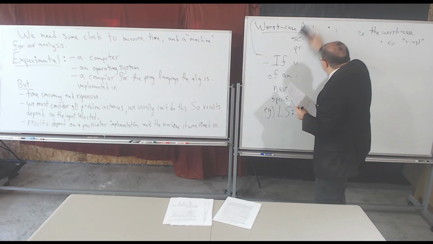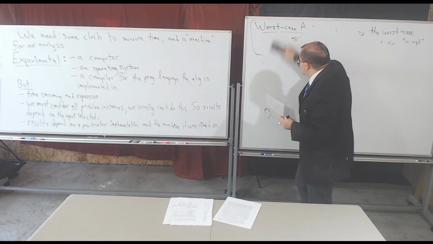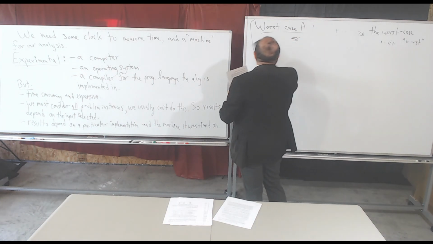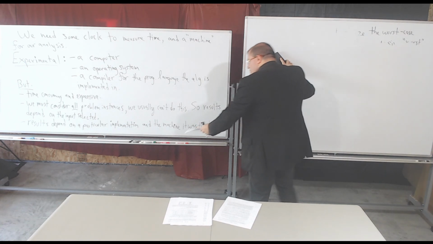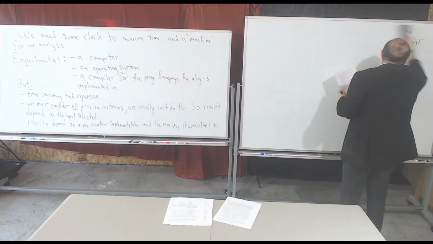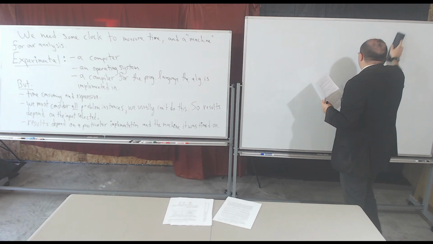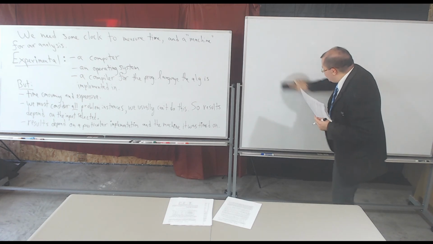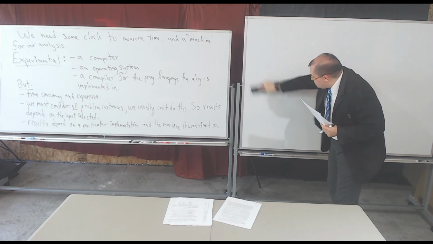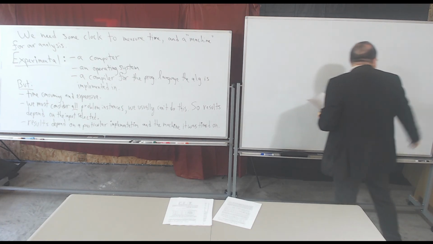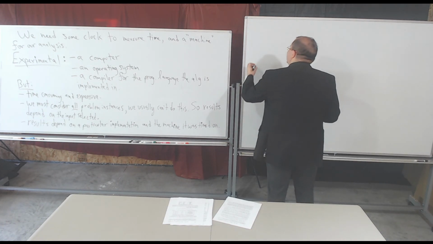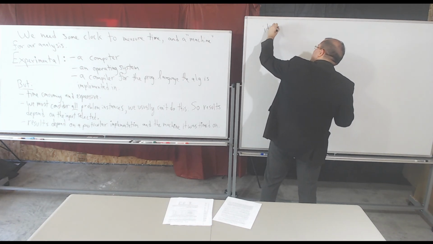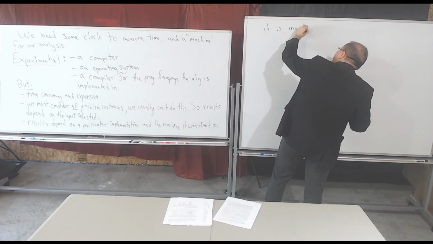But this is the big point I want to make, and this is going to be the point I'll leave off on this lecture. This is the big one. As a result of this, we don't want our results to just depend on one particular computer, right? We want them to be true regardless of which computer I put it on. This approach is machine dependent.